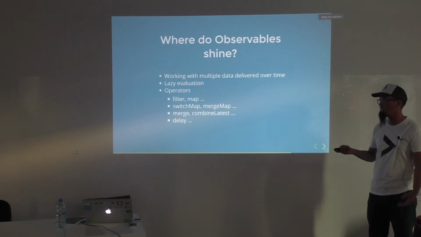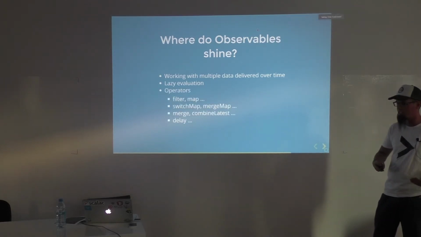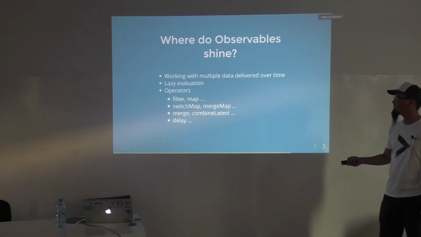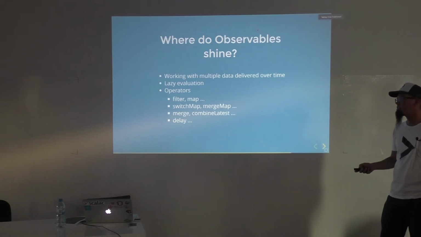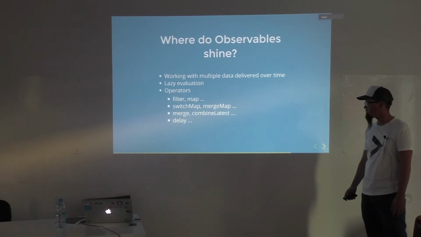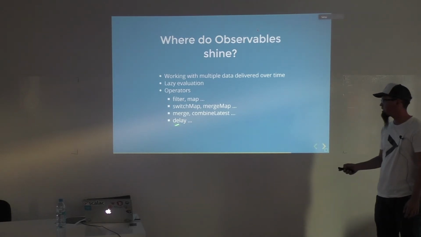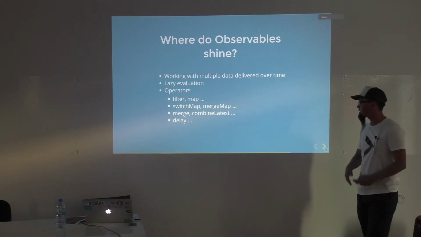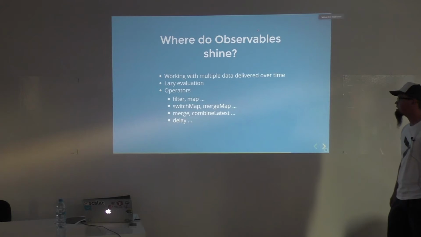But from the other side, it doesn't consume the resources. And we have loads of powerful and really helpful operators provided by the library. We already used the switchMap and the tap, which is just for performing some side effects.